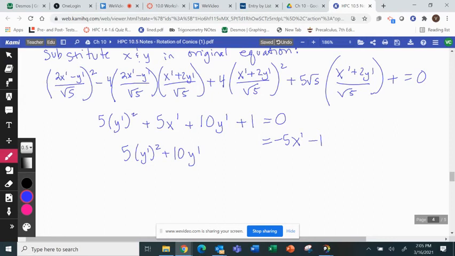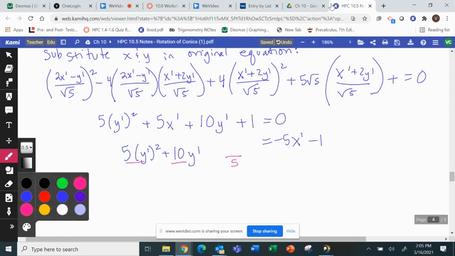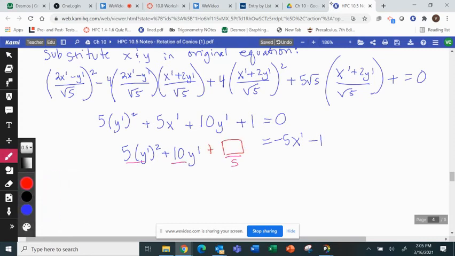What am I going to have to do on the left side? I need to factor out the 5, which is correct, because we need to complete the square, and we cannot complete the square if that 5 is in front. I'll factor it out. So I'll have y prime squared plus 2y prime plus, when I complete the square, a 1.